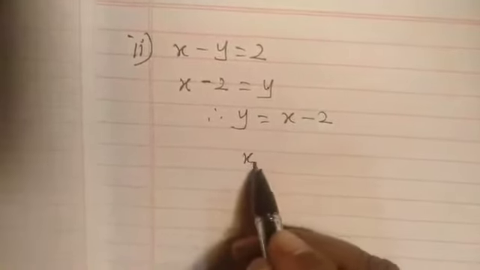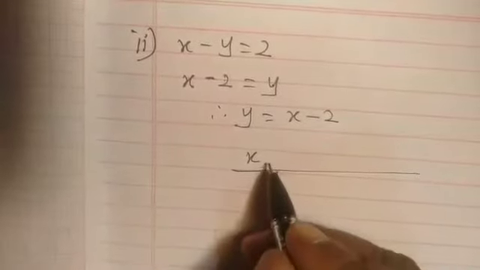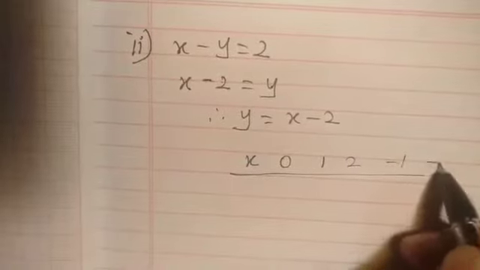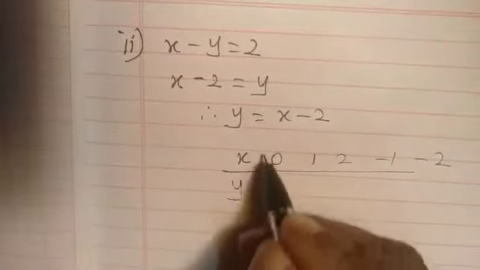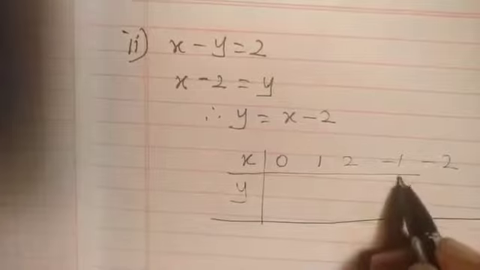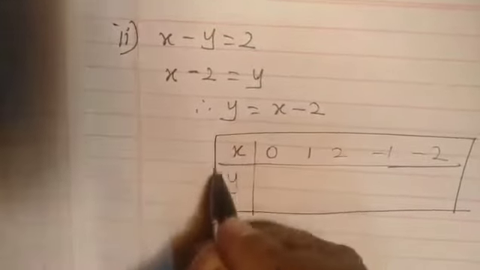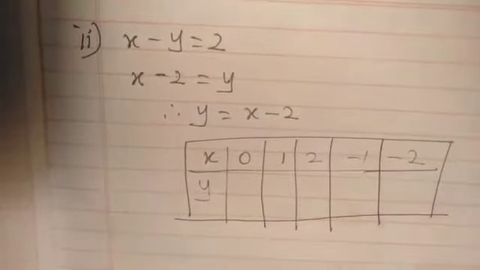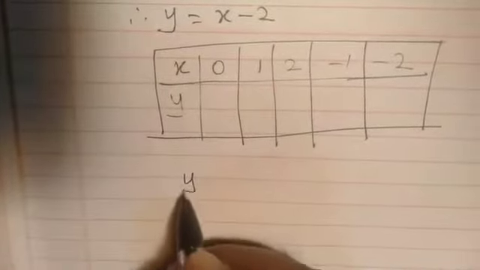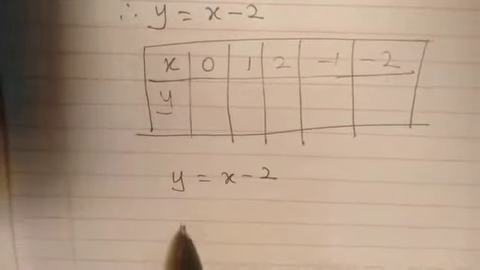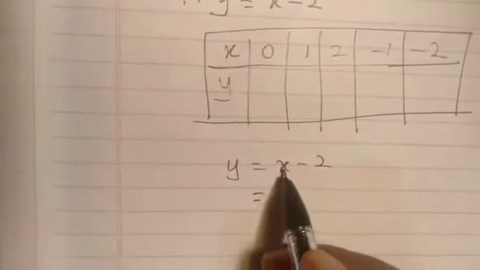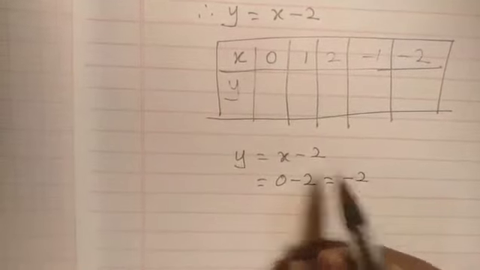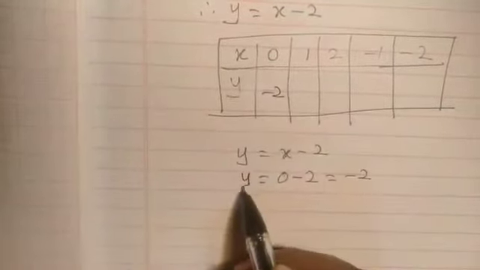Here also we will change x values 0, 1, 2, minus 1, minus 2, and we will get the y value according to the x value. So y equal to x minus 2. Now in x place we put 0: 0 minus 2 equals minus 2, this is the y value.